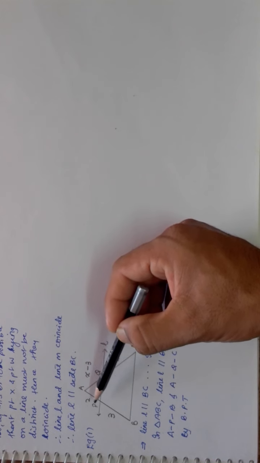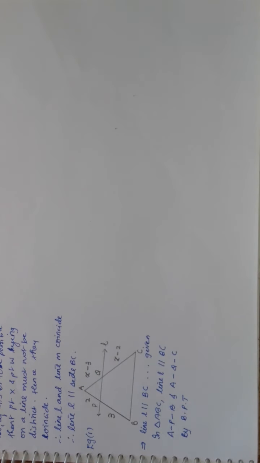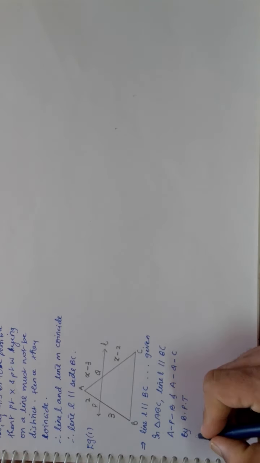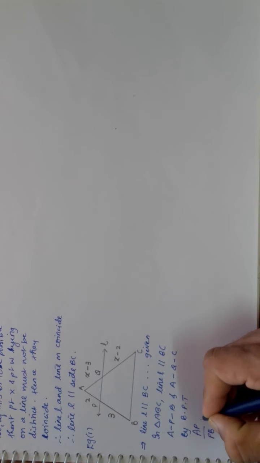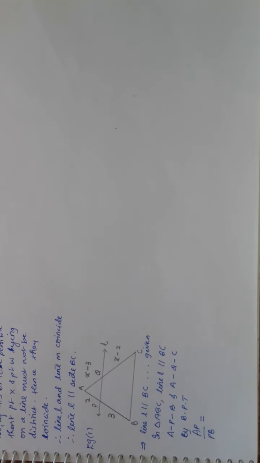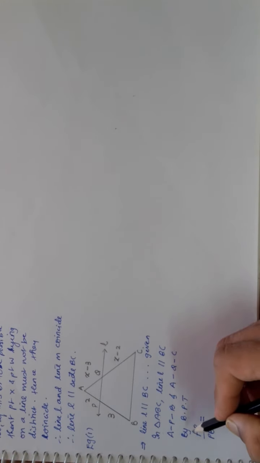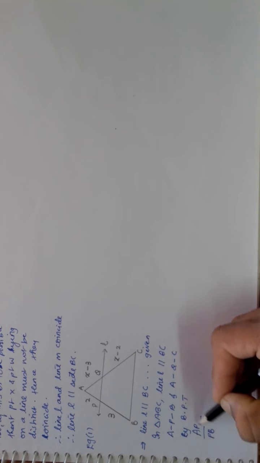The ratio of this part AP and PB, AP is to PB, that is equal to, then I told you how to start. So this is your AP. Out of this, one is the vertex.